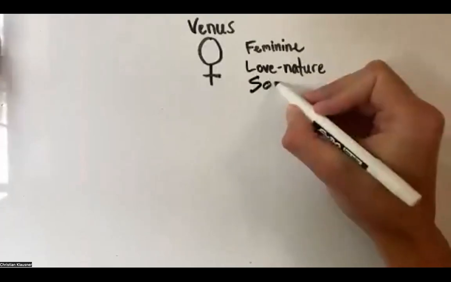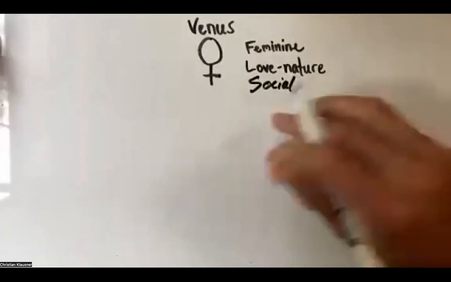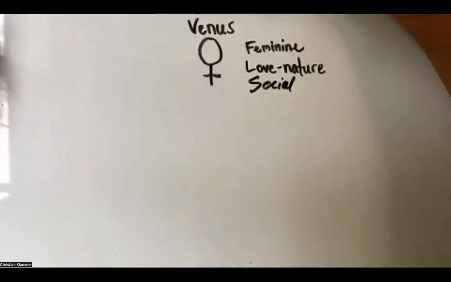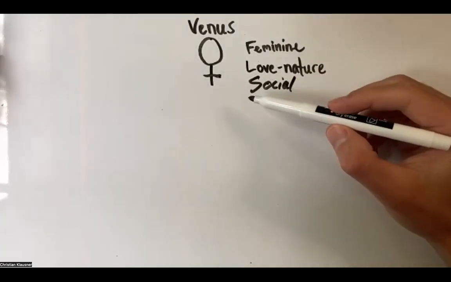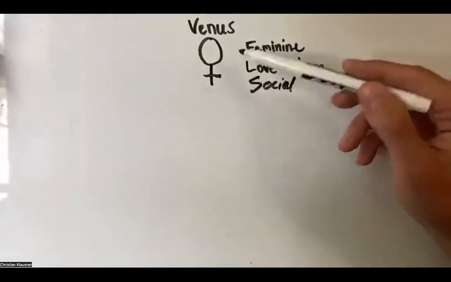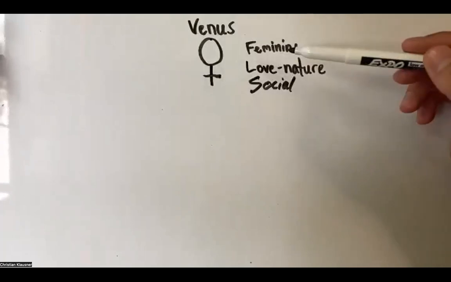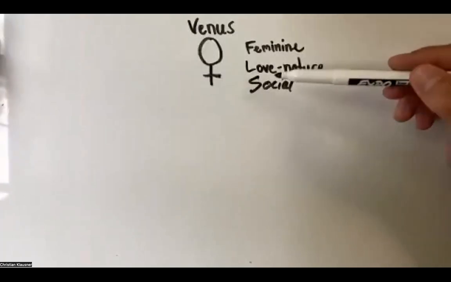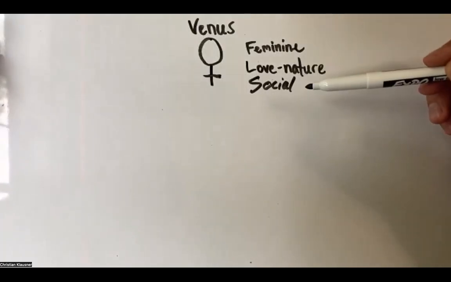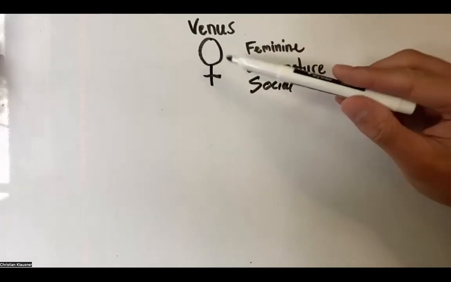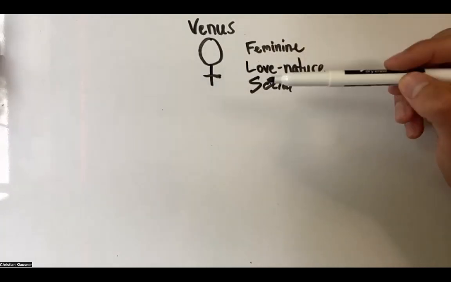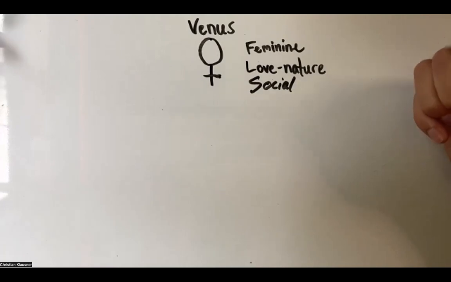It's about being social. This is the part of us that is tuned into emotional dynamics. And you're going to notice this through the signs that Venus rules. But there's also a mental component to this because socializing is a mental thing.